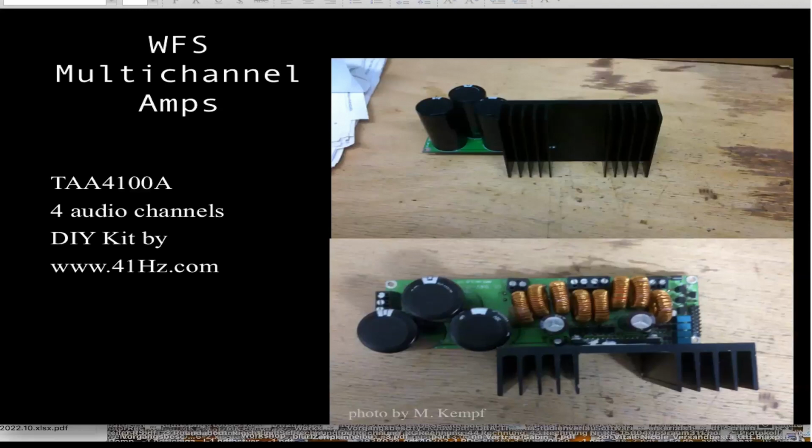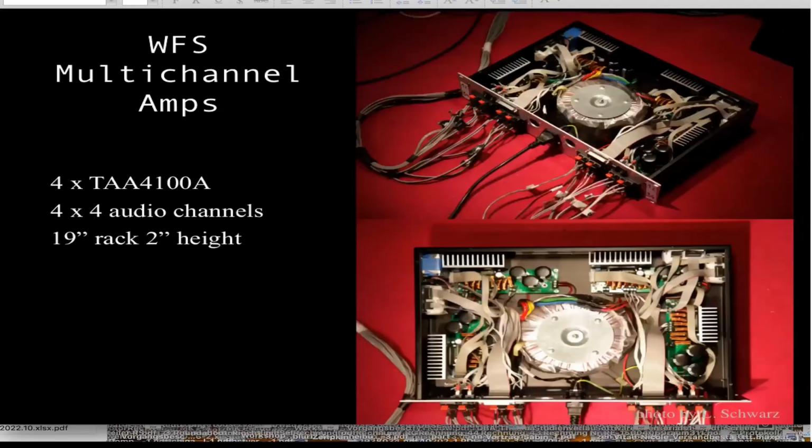For this approach, we could use a ready design provided by 41 Hertz, which offers a small-sized layout with the TAA. 4 of these boards we could integrate in a 19-inch rack at 2 inches height, which gives in total 16 channels output. As you see here, we had in the first approach these clamped outputs.